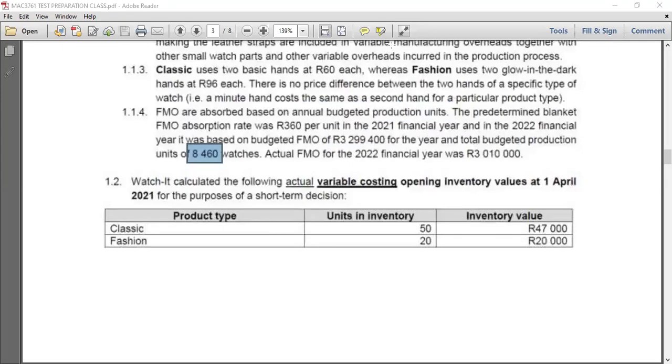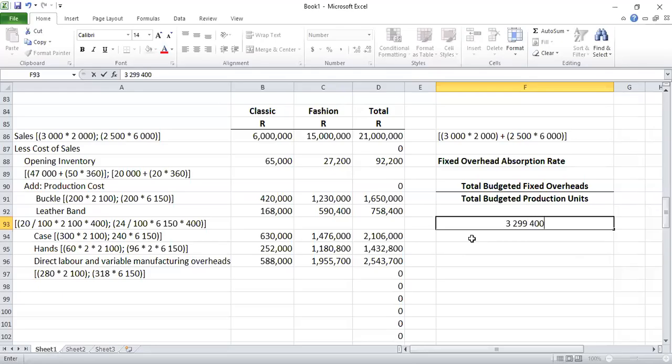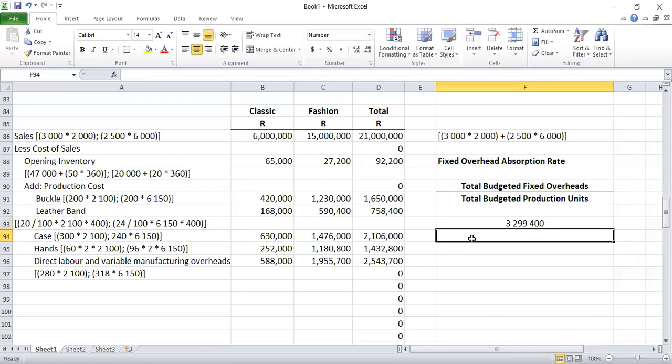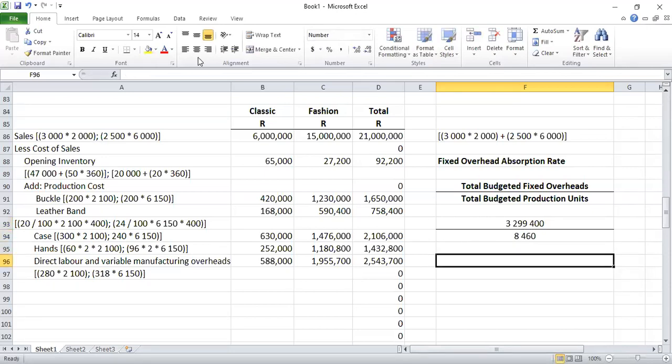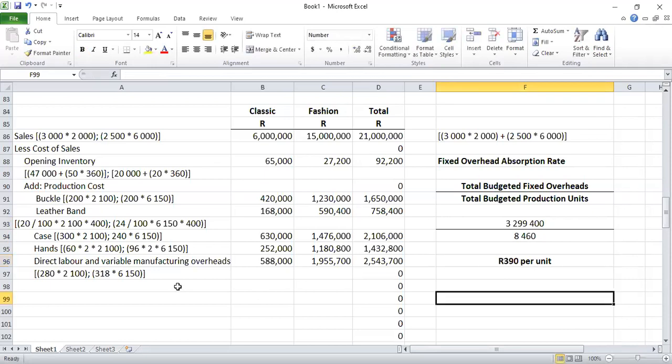So that is 3299400 divided by 8460. What do we get? 390. 390 per unit.